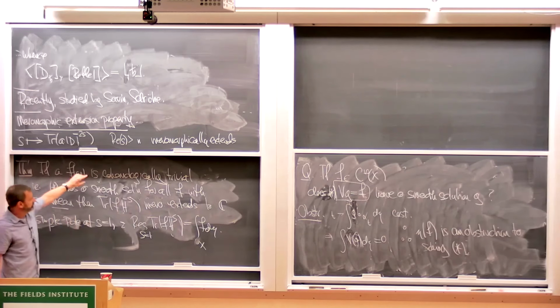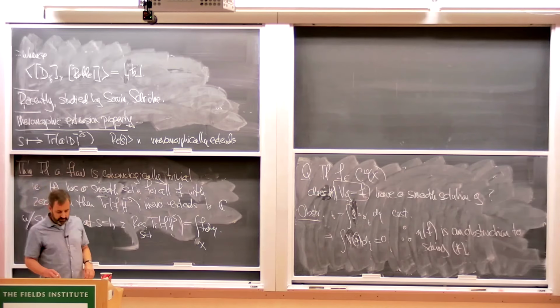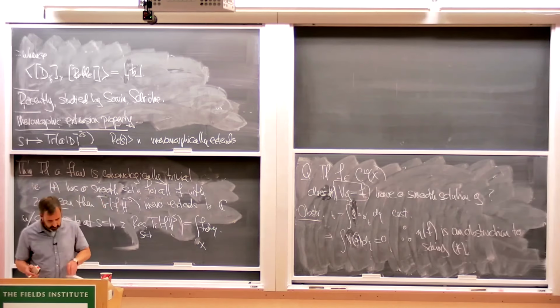Okay. If there's an invariant measure for which this statement is true, then the zeta function meromorphically extends with a single pole.